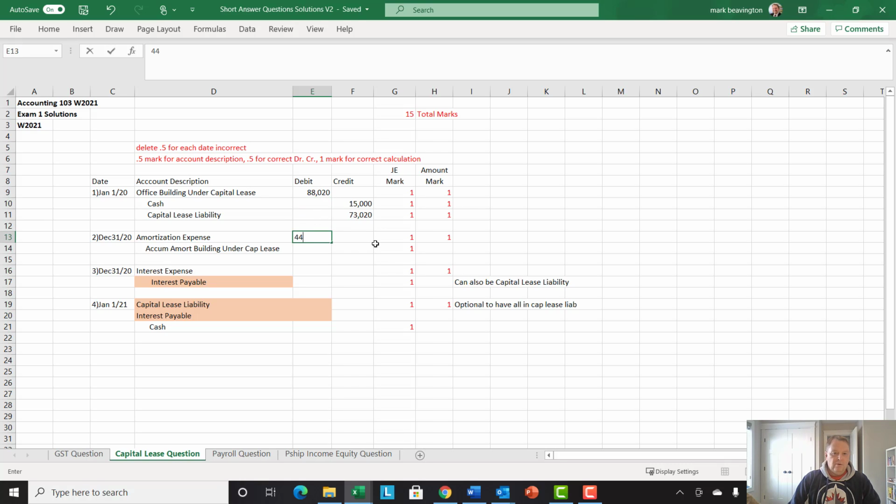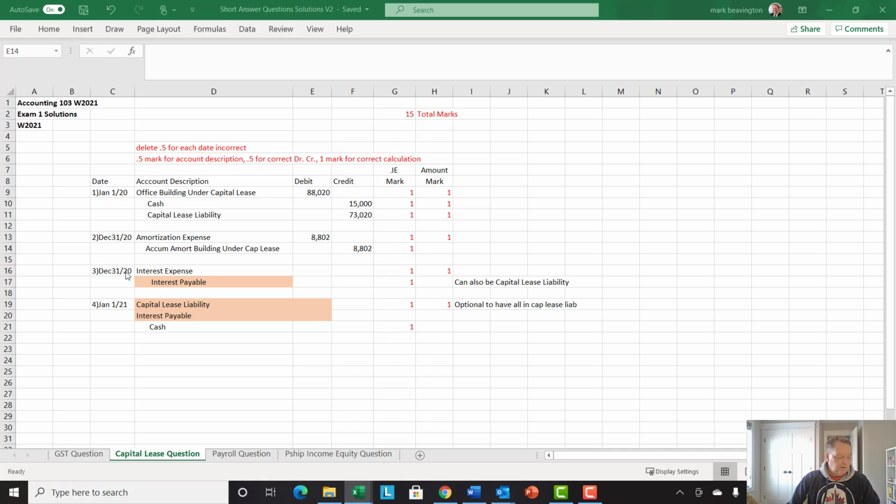So that means we're going to have, sorry about that, let's do that right. That's going to be 8802 and 8802 as the amount, because it's just divided over 10 years. Then our interest expense is just the accrual for the year. We signed this lease January 1, 2020.